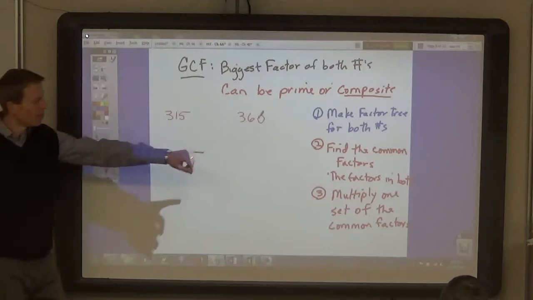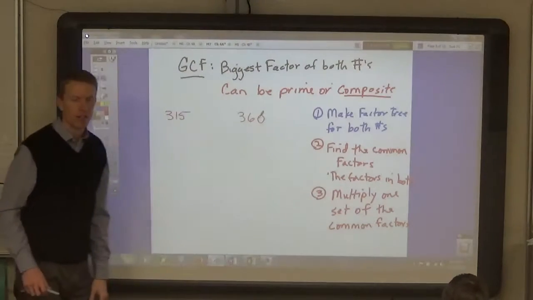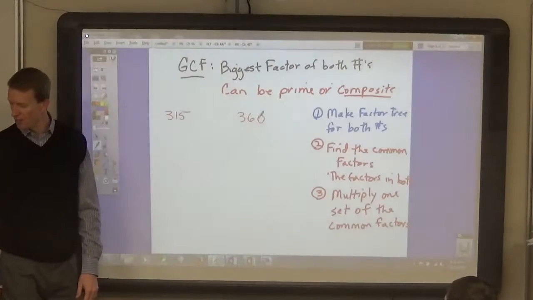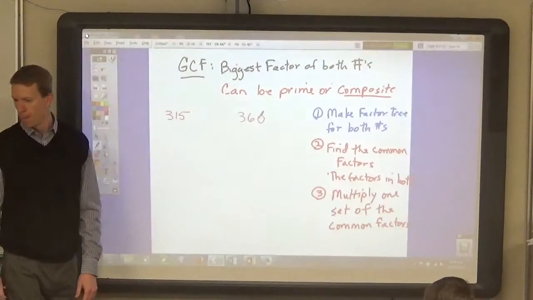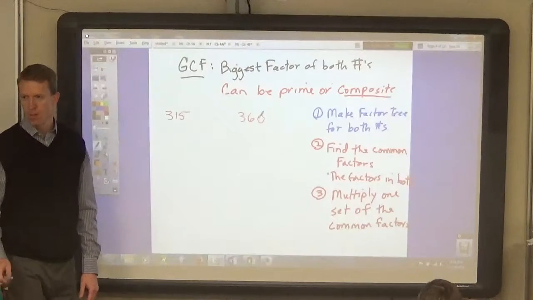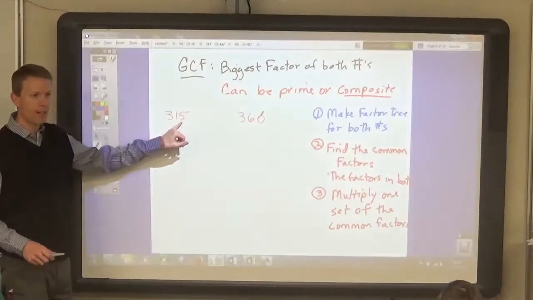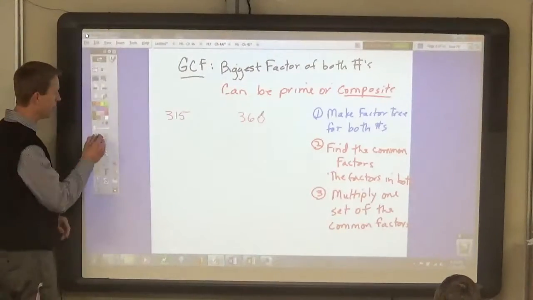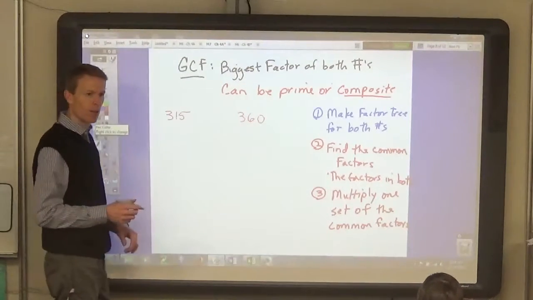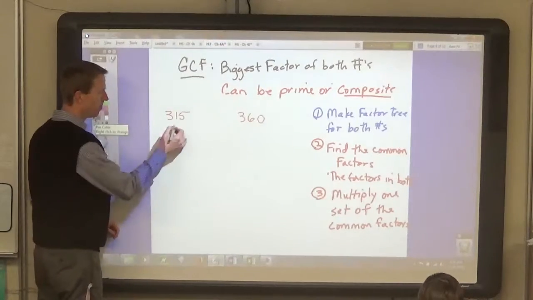Step 1. Factor both numbers. Yes, this is number 7 on your assignment. So, what number goes into 315? Emily, what number can go into 315? With 3? Yep.